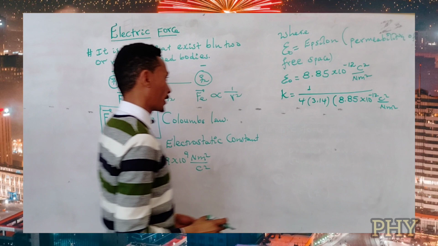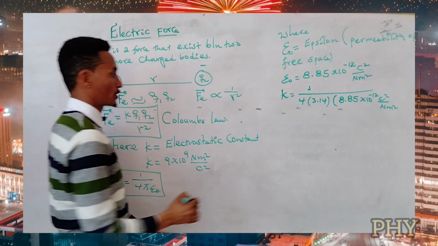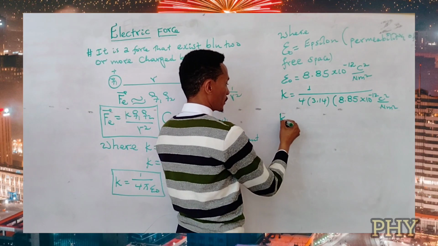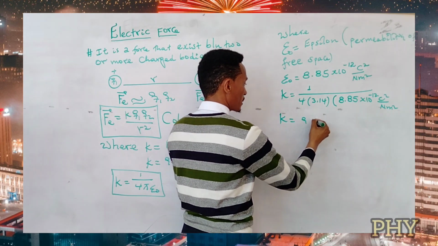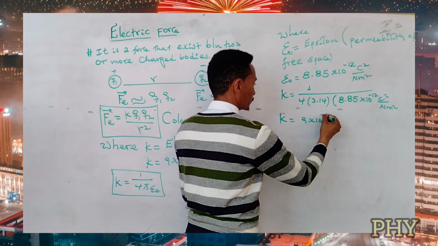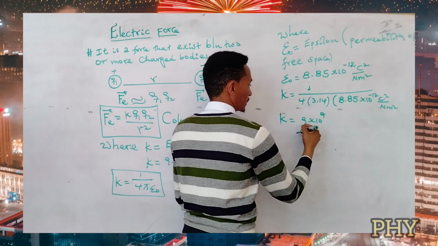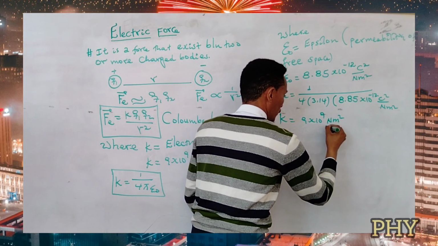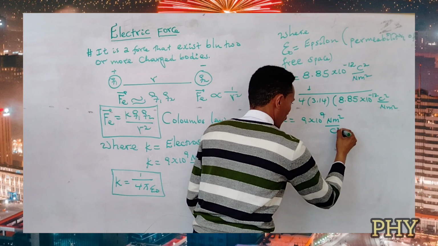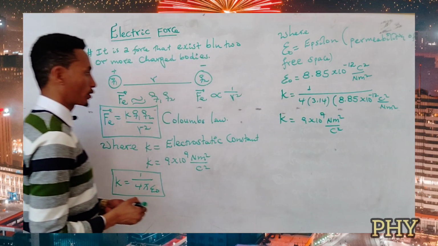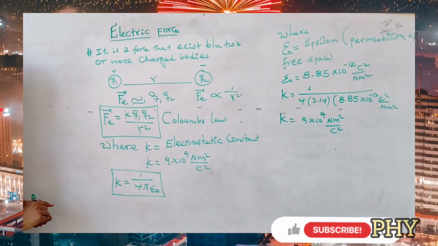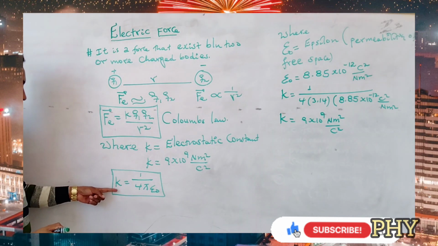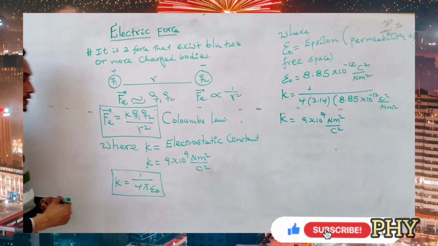This is how we calculate the electrostatic constant, and finally this expression equals 9 times 10 raised to positive 9 newton meter square per coulomb square. This shows the relationship between the permeability of free space and the electrostatic constant.